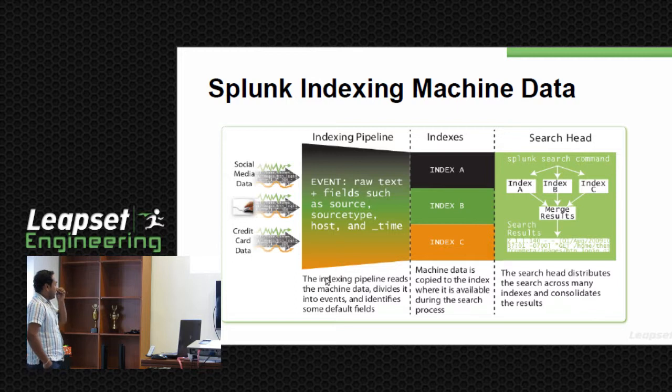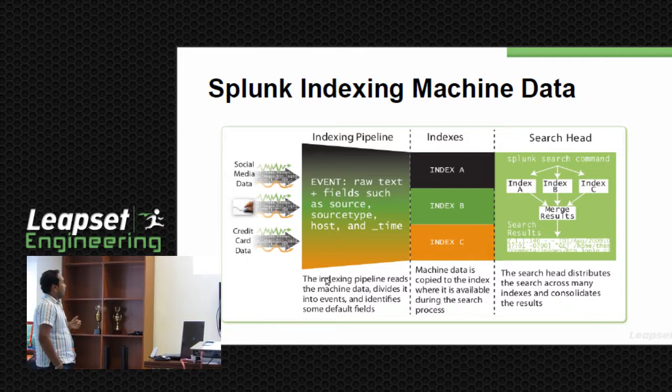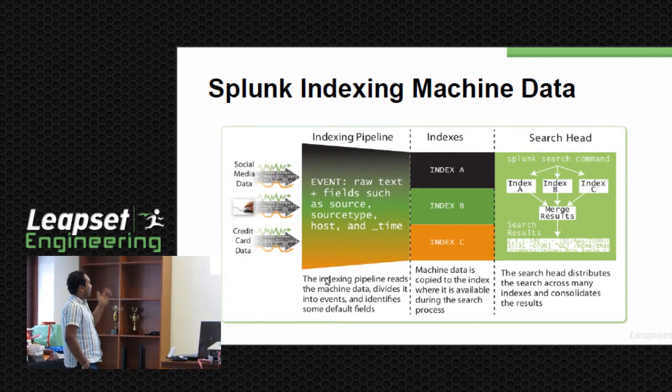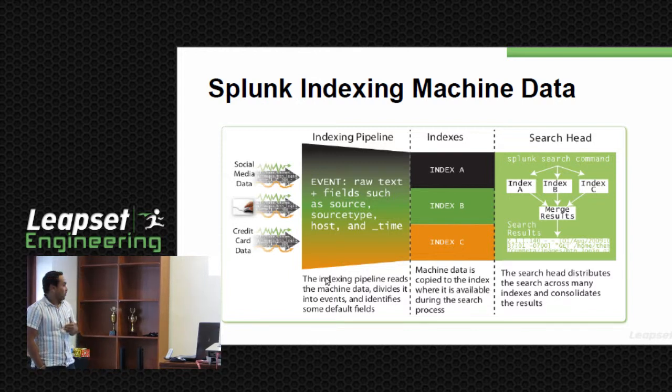Now we can see we can add a number of forwarders depending on the capacity of the indexing server. So there we have added 3 indexing servers, and we can have multiple forwarders depending on that, and also we can have multiple search heads depending on the search request, the search load.